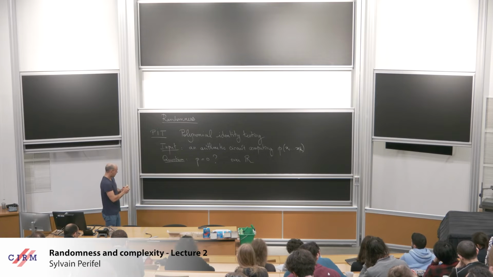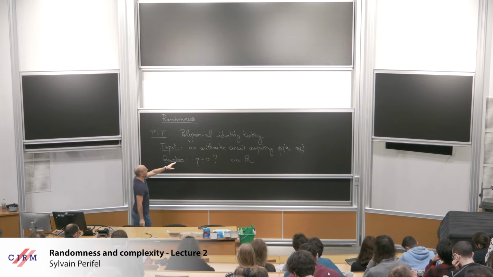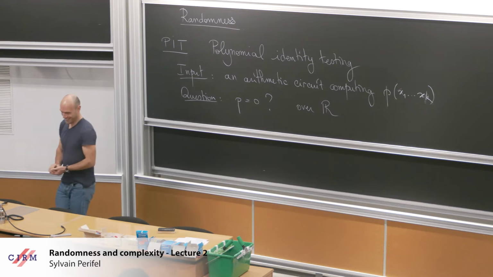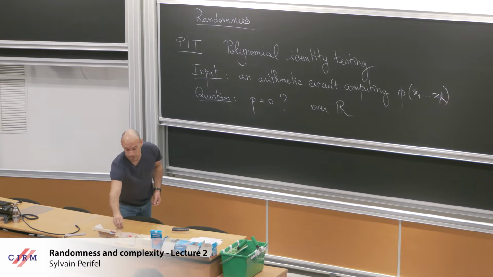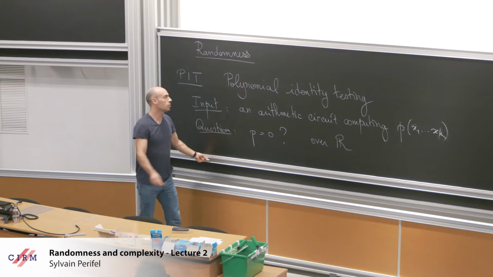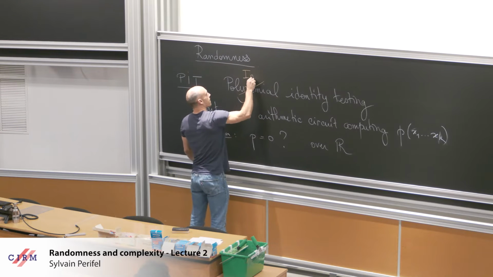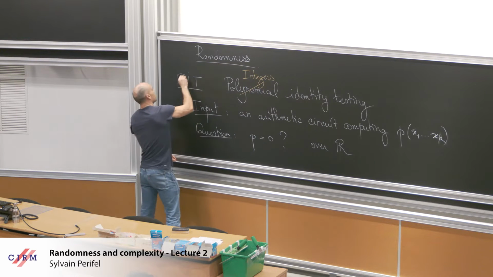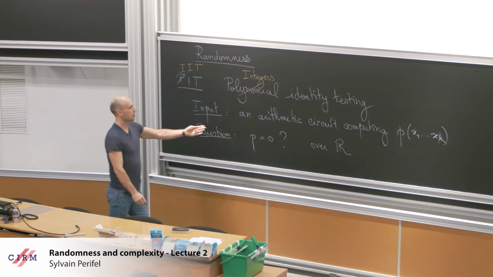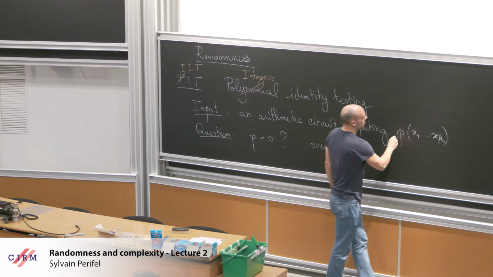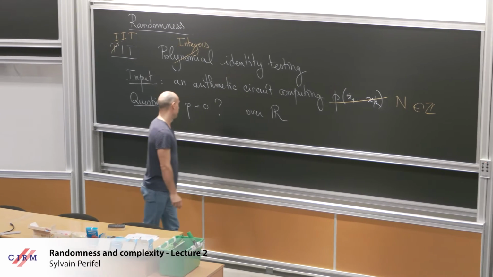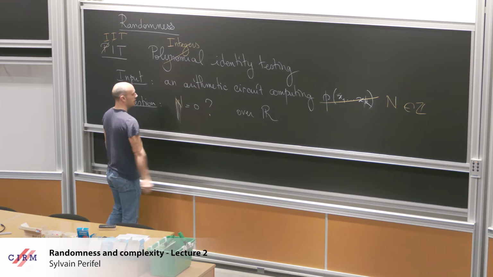Before I explain what an arithmetic circuit is, let me simplify this problem for you. Actually, this is equivalent, so it is not a simplification, but we will not talk about polynomials here, only about integers. Let me call it IIT, integer identity testing. Instead of computing a polynomial p, we just compute an integer n. And the question is whether n is zero.